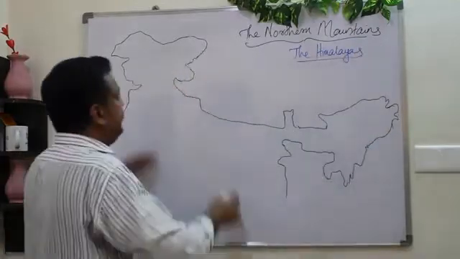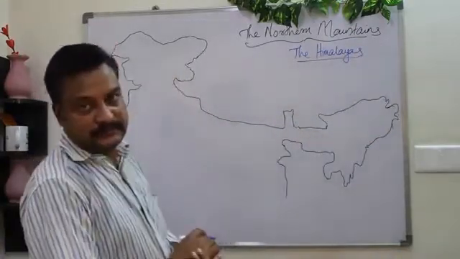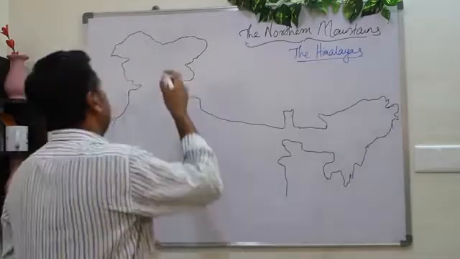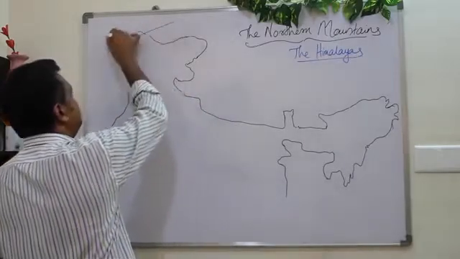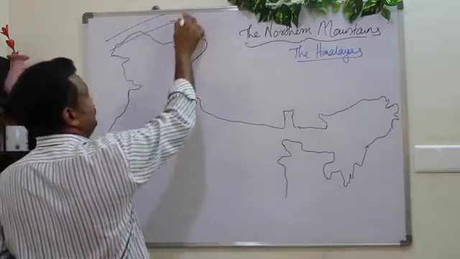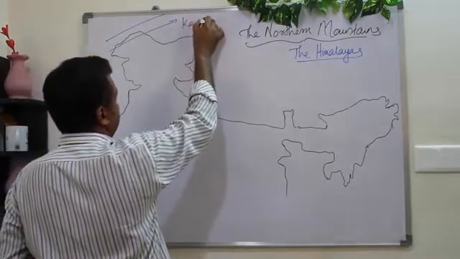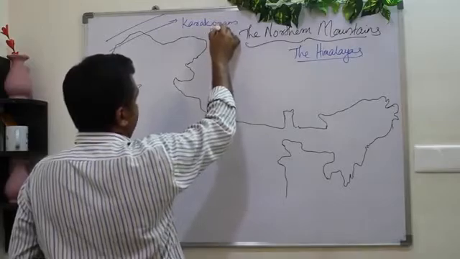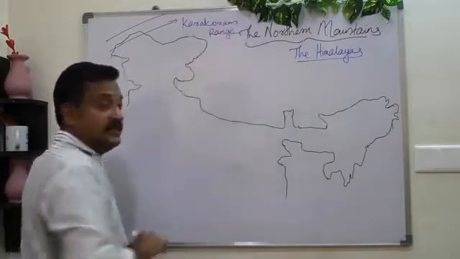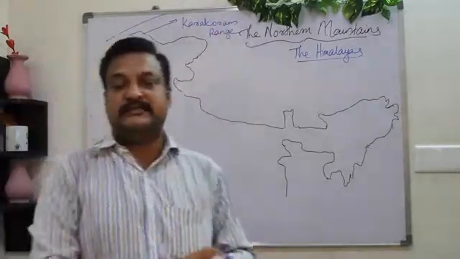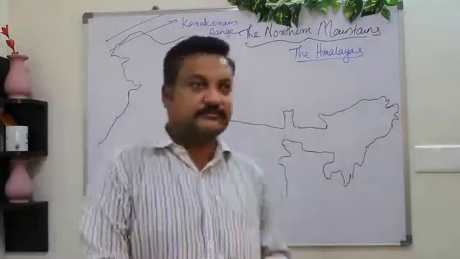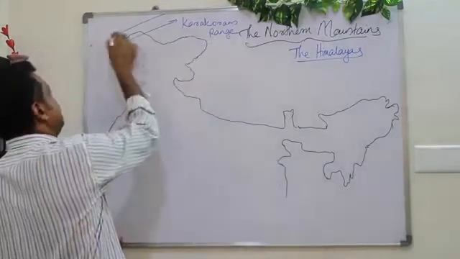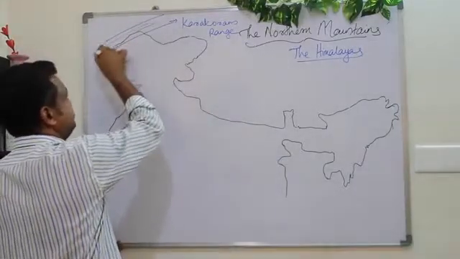They lie in the northern part, right? So here above Kashmir region we have one mountain range called the Karakoram range. Karakoram range means another line of mountains that is passing like this over here.